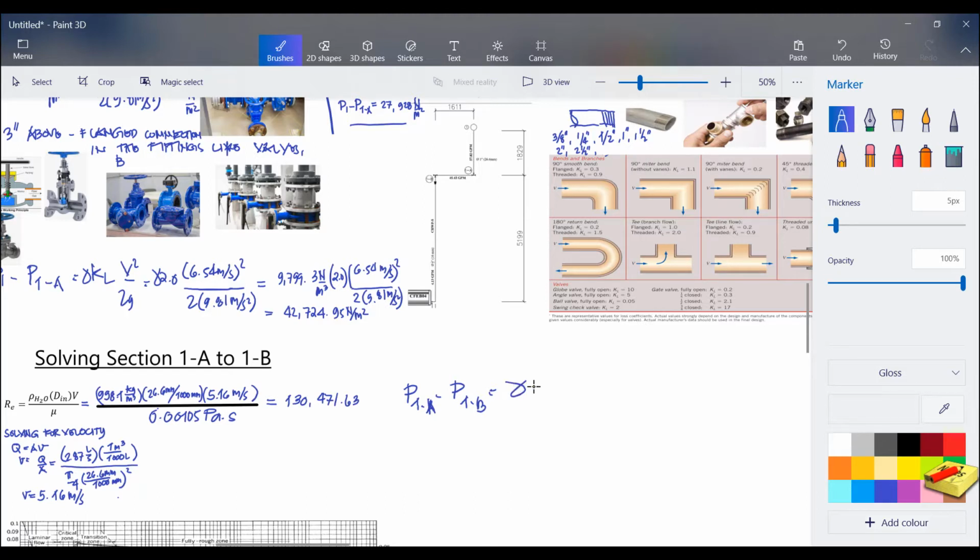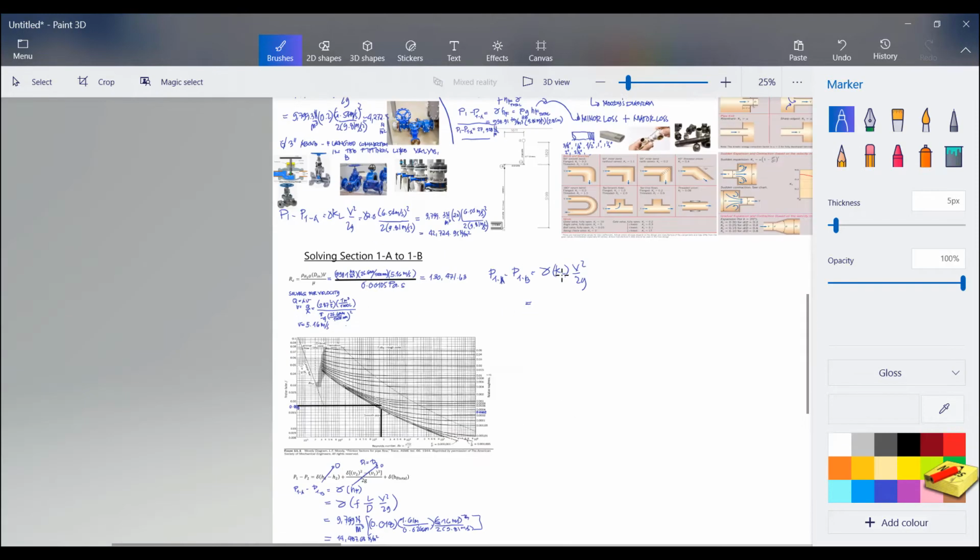We have this specific weight, multiplied by KL times V squared over 2g. So we have your specific weight, which is 9,799 Newton per cubic meter. Then multiply by the KL, which is 2.0.